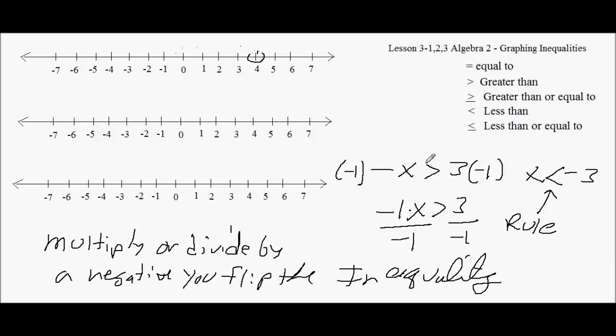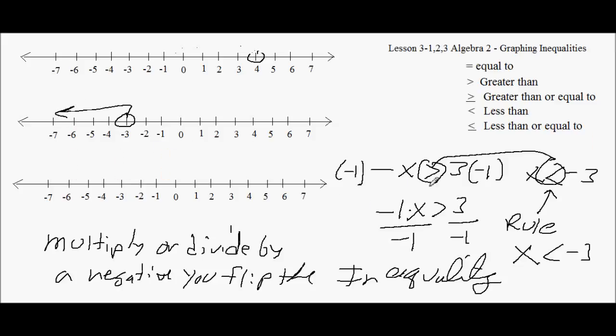So this guy flips, and that's very important because the arrow goes a different direction, of course. So I get x is less than -3, and so you graph it as x is less than -3.